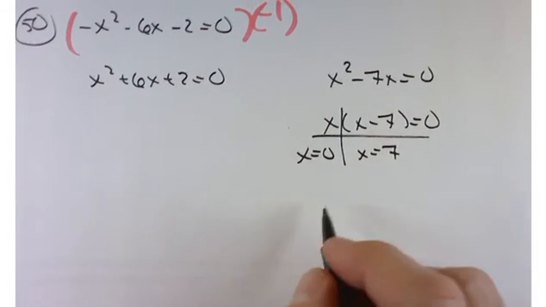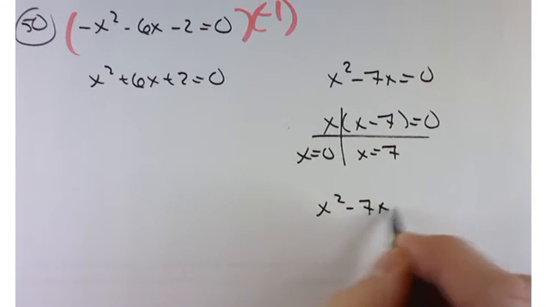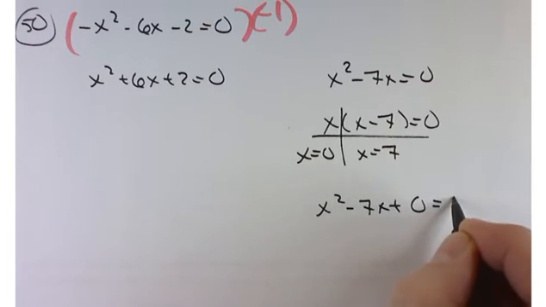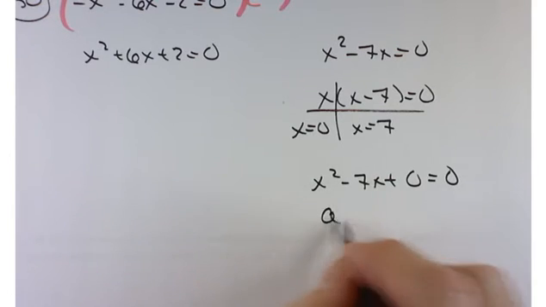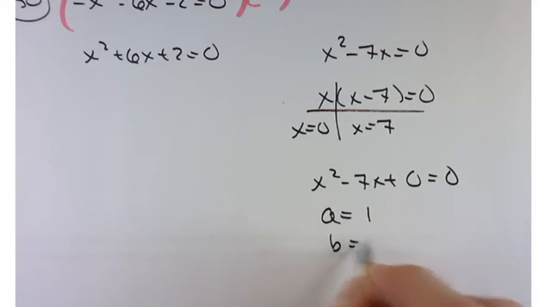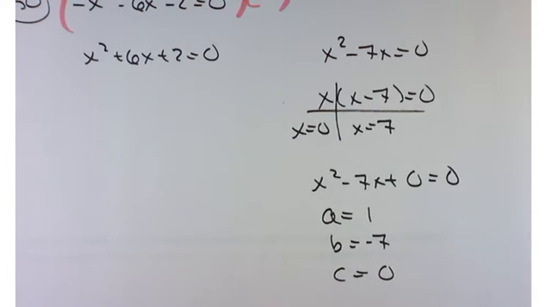To do the quadratic formula here, you'd have to realize that there's a 0 that's kind of hidden here. So you'd have a equals 1, b equals negative 7, c equals 0. But you could do the quadratic formula for that one. It'd be like burning down a house to roast a pig, but you could do it.